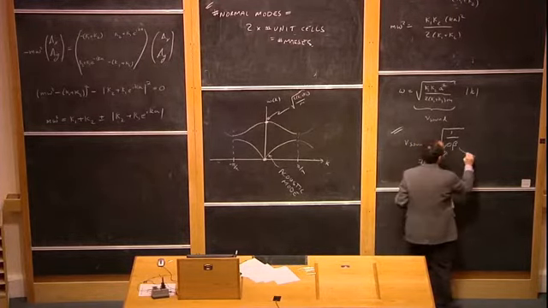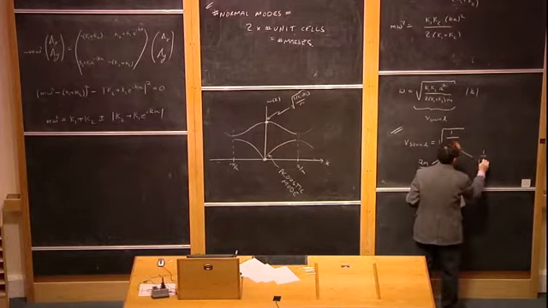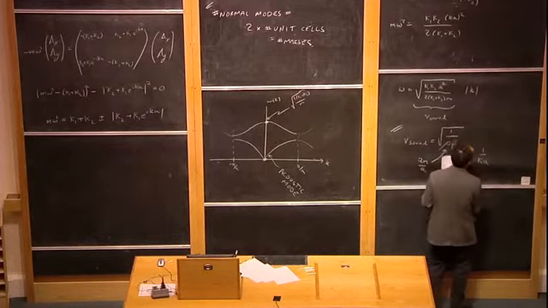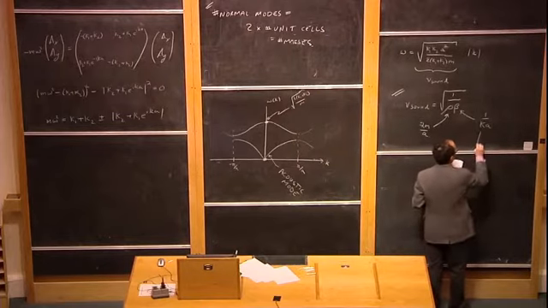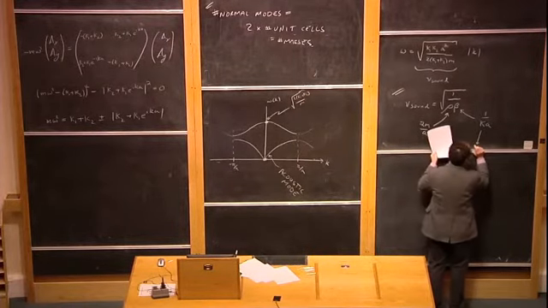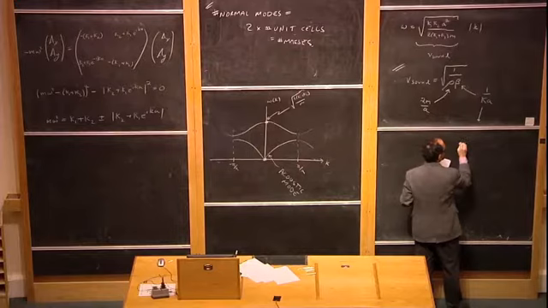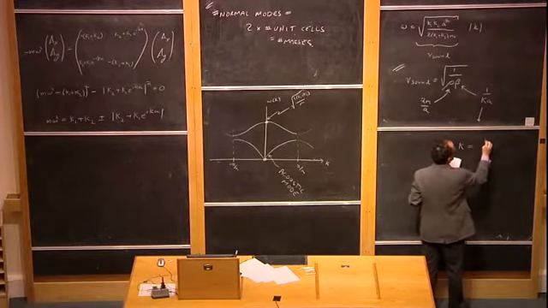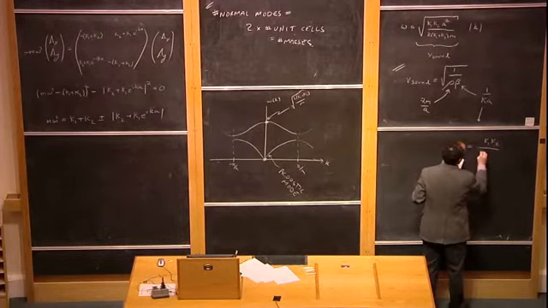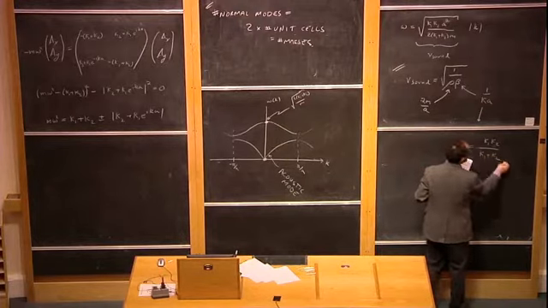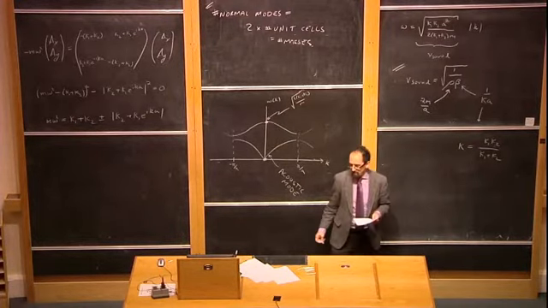And the compressibility, we derived last time, should be 1 over the spring constant times a. And the spring constant, well, here the unit cell has 2 springs in it, and the spring constant for 2 springs in series is kappa 1 kappa 2 over kappa 1 plus kappa 2. Does that sound familiar? Remember that from first year?